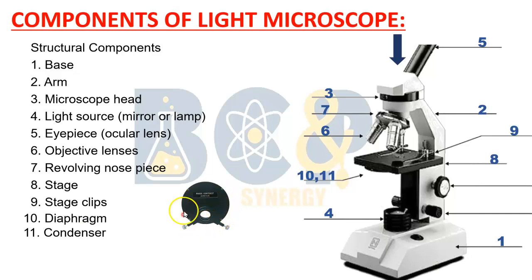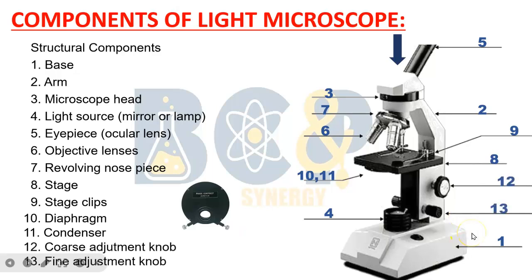This black circular object is diaphragm. Adjustable space inside the diaphragm is condenser, which is used to condense the light rays and focus them on the specimen. There are two adjustable knobs, that are the coarse adjustable knobs and the fine adjustable knobs.